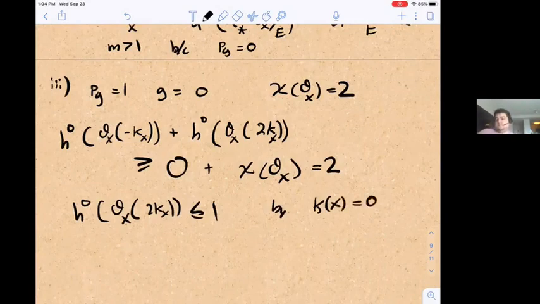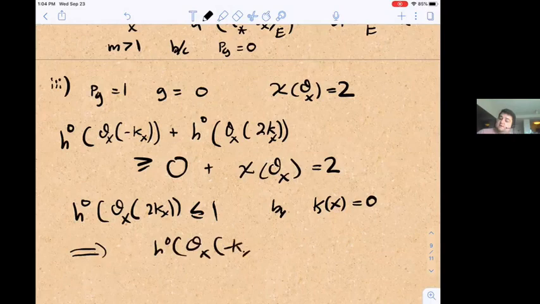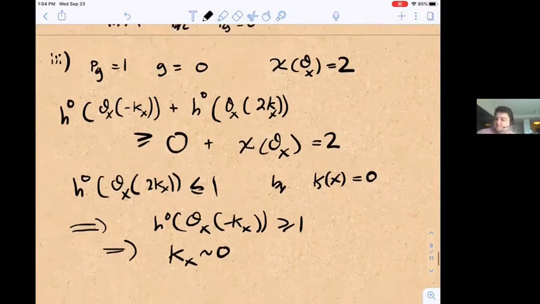So we know that the growth rate of sections is constant. So that tells us that H0 OX minus K is at least 1. So Kx is trivial because it has a section from the genus being 1, and minus K also has a section. So it's just trivial. So this was the K3 case in the naming.